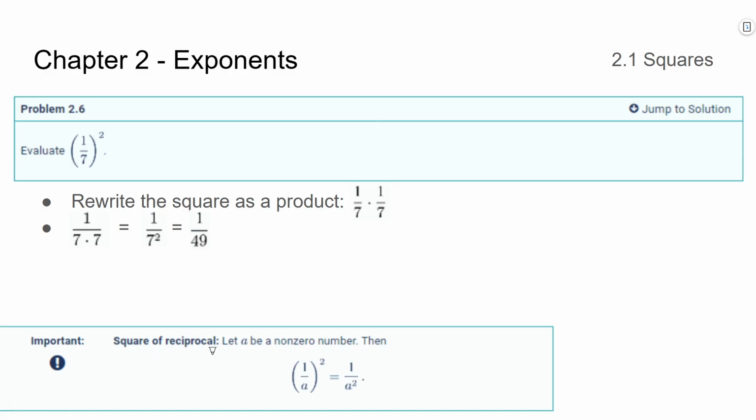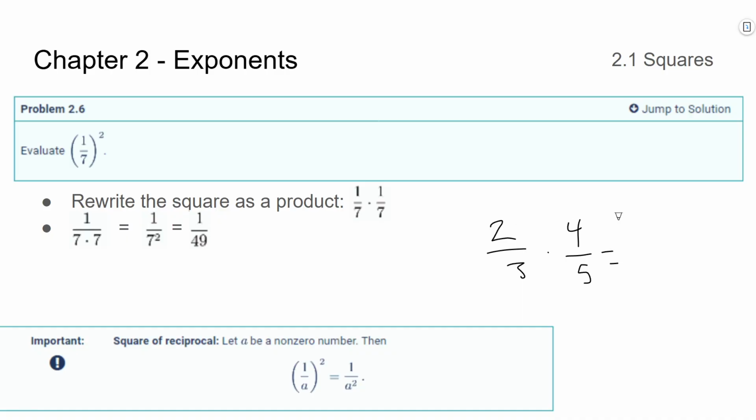So the square of a reciprocal. If you have a reciprocal, so if you have 1 over something, you really just are going to square the denominator. What we'll get into later is that, because we haven't talked too much about fractions with a number other than 1 in the numerator, just to work ahead a little bit, if we have something like 2/3 times, let's say, 4/5, really what we would do is just multiply across.